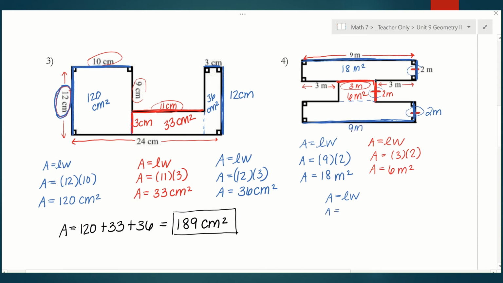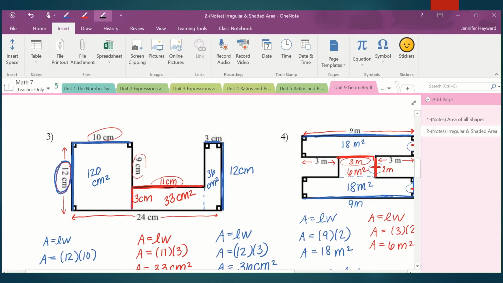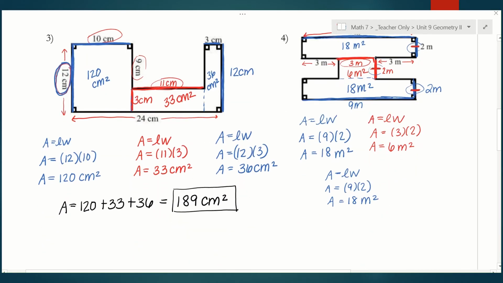So that bottom rectangle is the same exact size as the rectangle on the top. So 18 meters squared. Okay, so to get our total area, we're just going to add those together. So 18 plus 6 plus 18 is going to give me, what's that, 36 plus 6, 42 meters squared.